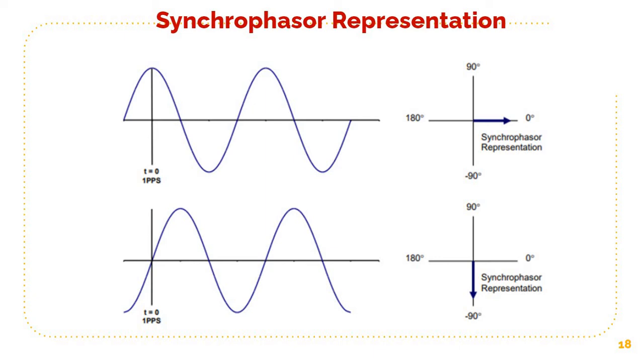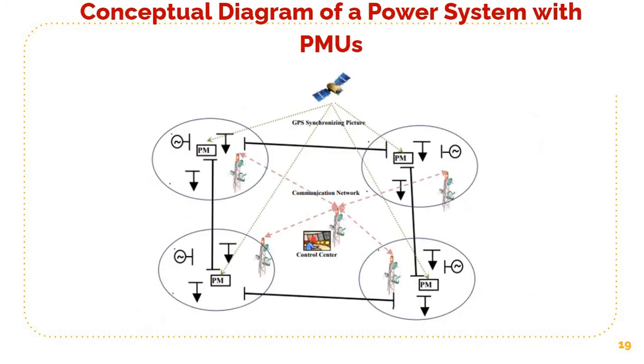The synchrophasor representation is shown here. You can see when the phase changes, the synchrophasor representation also changes. This is a conceptual diagram of a power system with PMUs connected at different locations. This is the basic principle of WAMS.